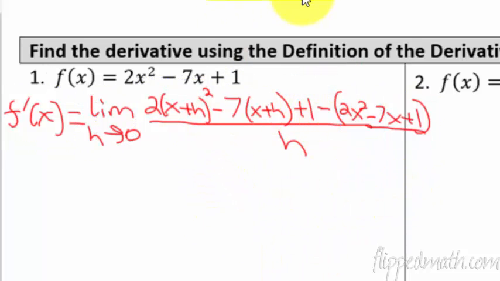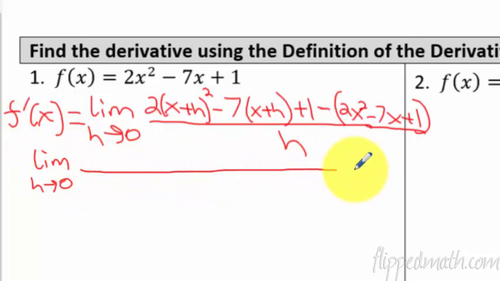Okay, so now what? Next step. We got to multiply all this out. So the limit, hopefully you're used to doing this because we practiced this in the last lesson quite a bit. We just didn't have this limit part. That's the only difference. Make a big long fraction. We're going to have this.